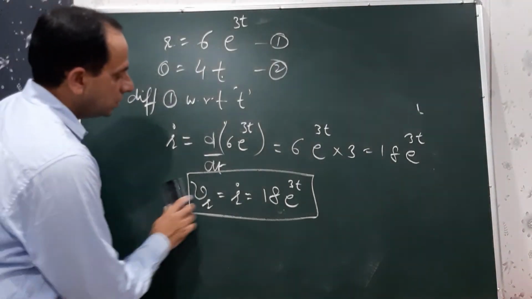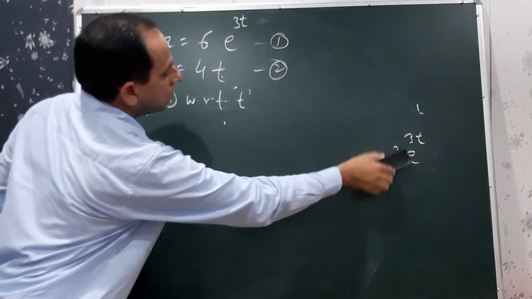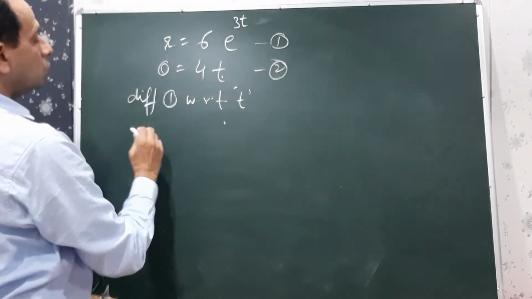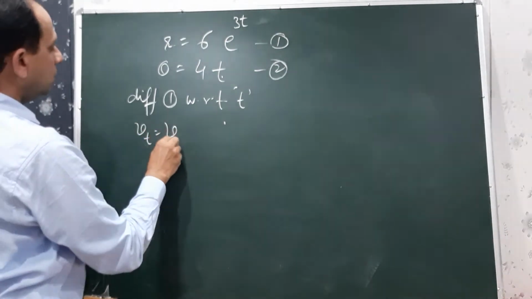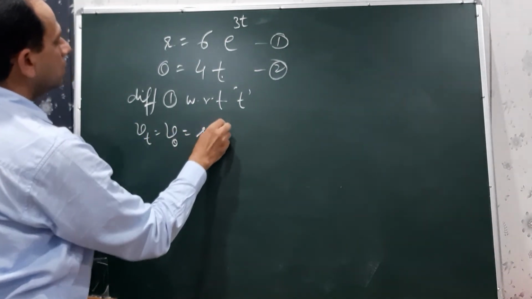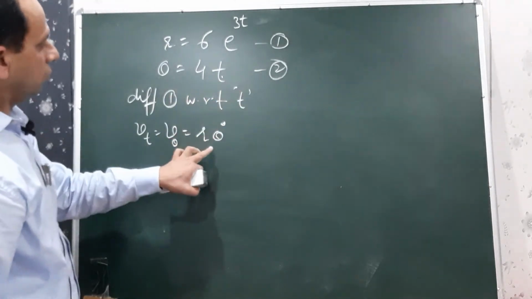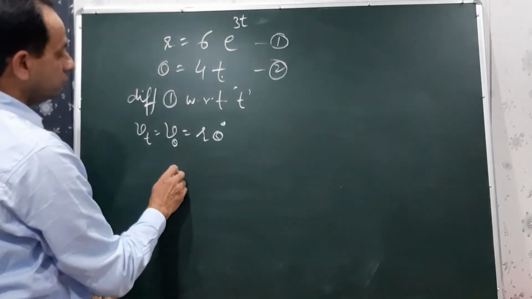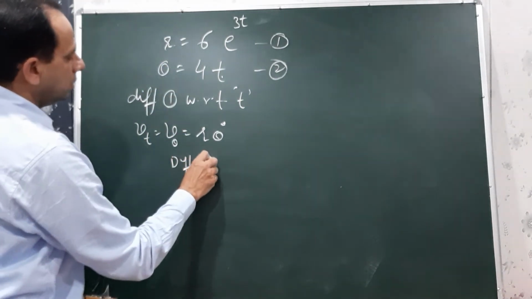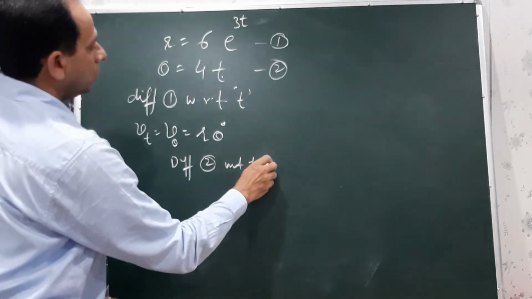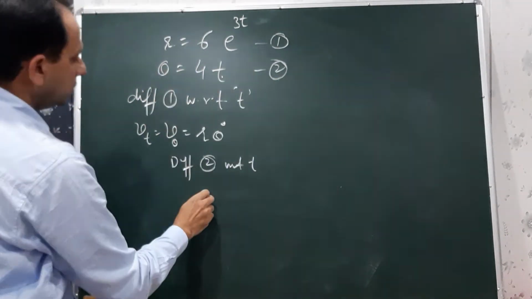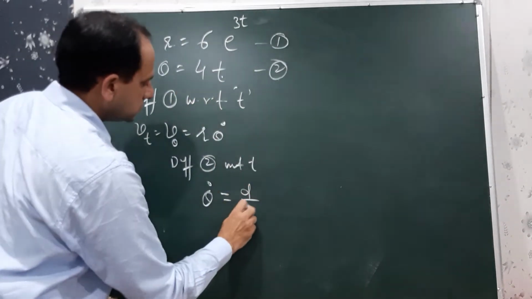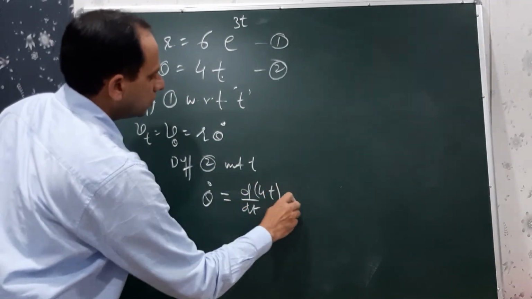Now, the second component, V theta or V t. We can find V t by taking the derivative of equation number 2, because V t or V theta is r theta dot, and what is theta dot? We take the derivative of equation number 2. So, differentiating equation number 2 with respect to t on both sides, we get theta dot equal to d dt of 4t.